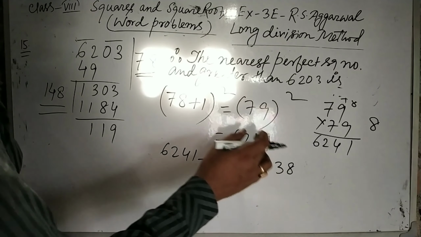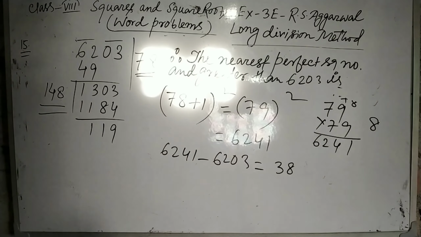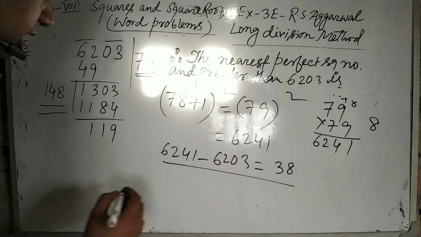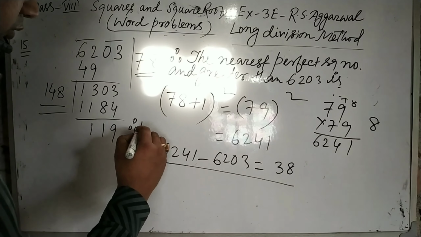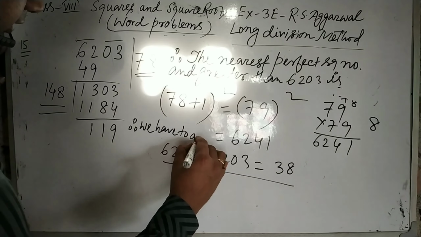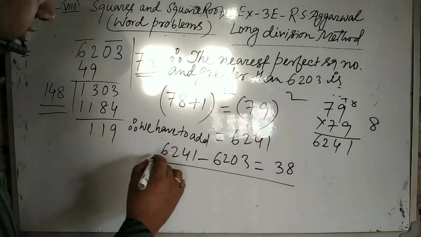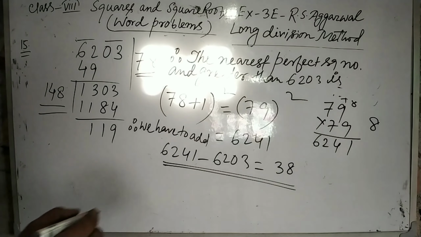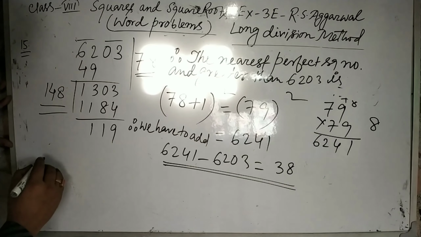So 6241. Okay? And for this line, write down, therefore we have to add, then do this calculation, 38. Okay? So what will be your final answer?